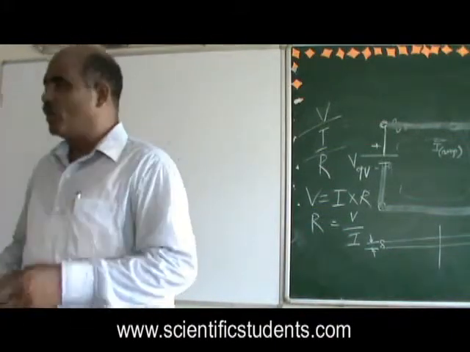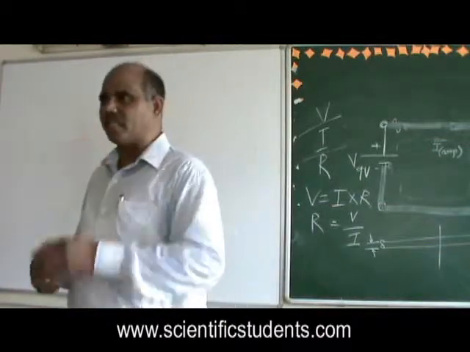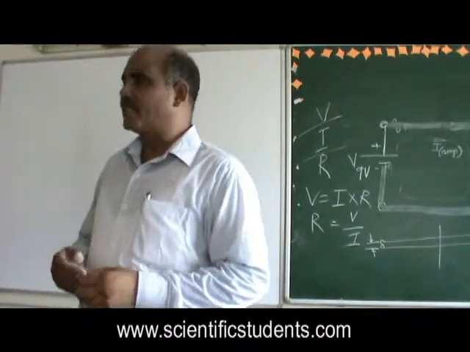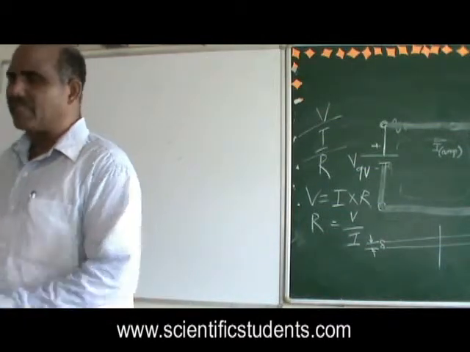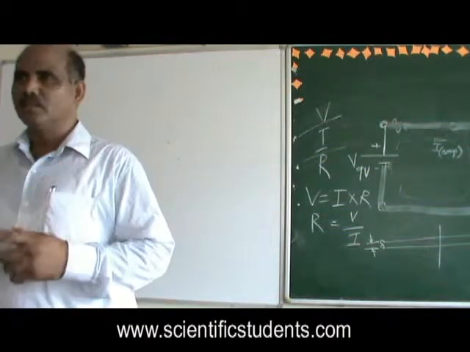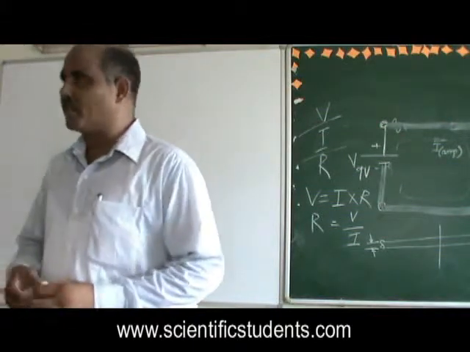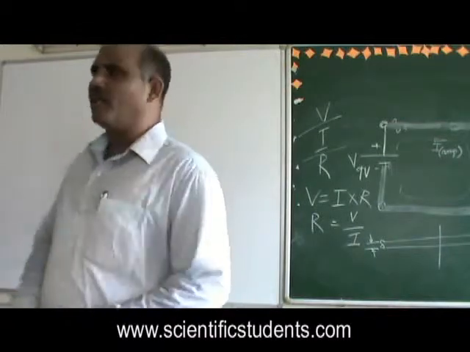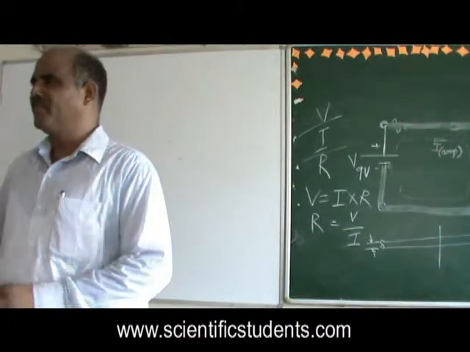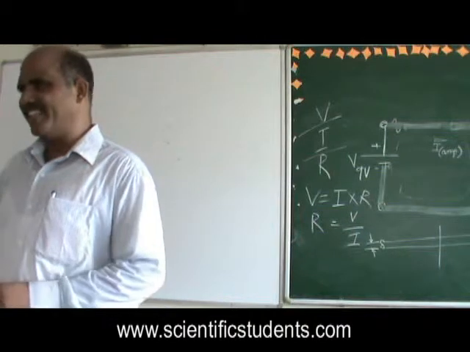You understand? So to carry high currents, we need thicker cables, because resistance is directly proportional to the length of the conductor. Resistance is much less if the diameter goes up. So thicker the cables, lesser the resistance. Whenever you want more current in a circuit, you need thicker connecting cables.